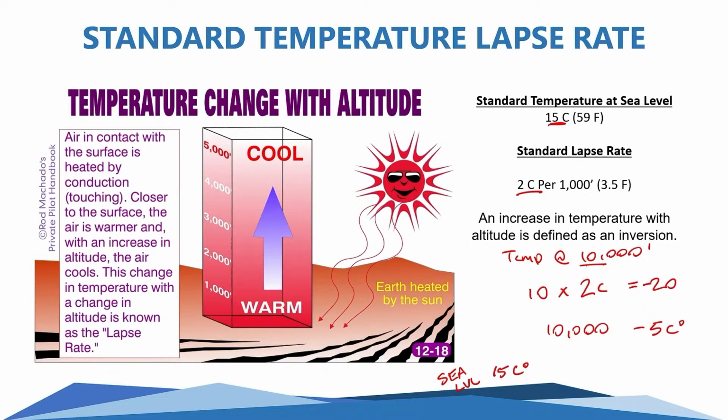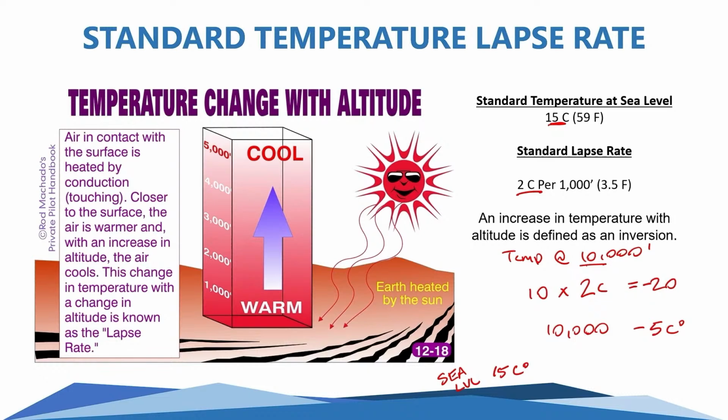And we can use that standard lapse rate for a lot of different things. We're going to use it for performance information, and to try to figure out where the freezing level is. We do that quite a bit for instrument flying. Just because we have the ability as instrument pilots to fly through the clouds, we don't want to accumulate a lot of ice because we don't have a lot of preventative measures to help us out.